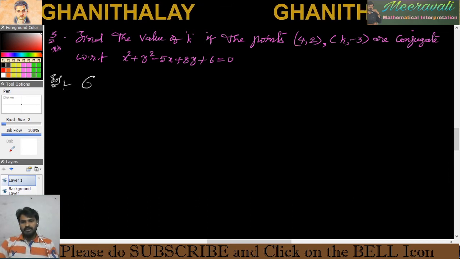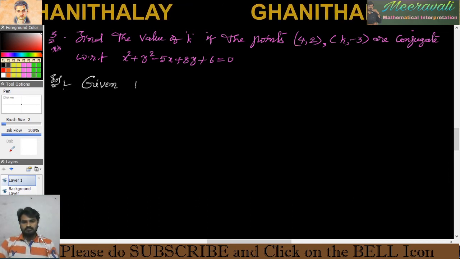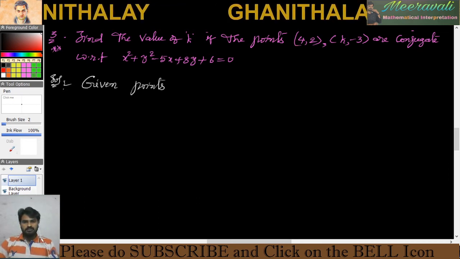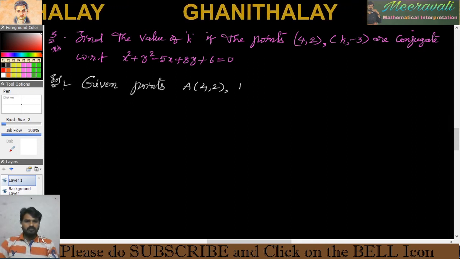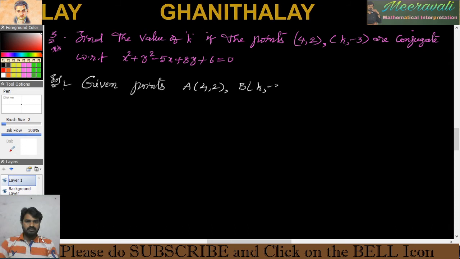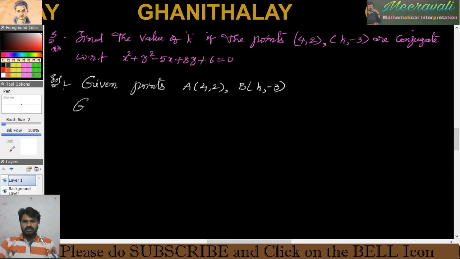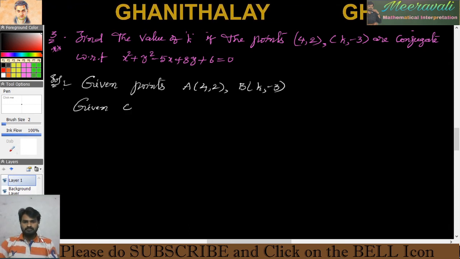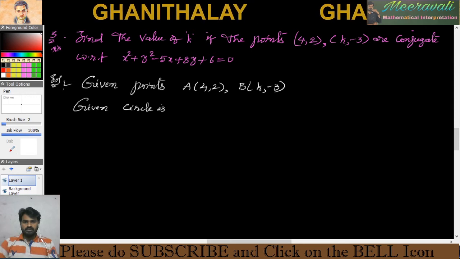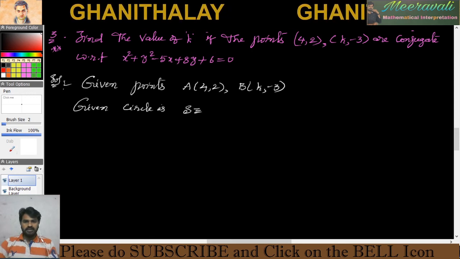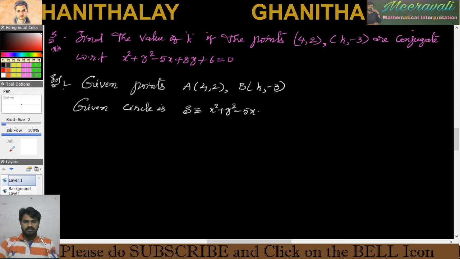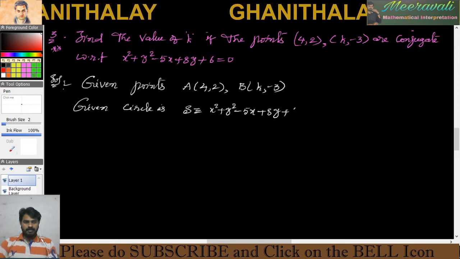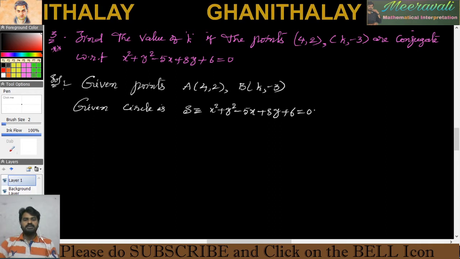Given points: let A 4 2, B k minus 3. Given circle: circle can be taken as S, x square plus y square minus 5x plus 8y plus 6 is equal to 0. This is the given circle.